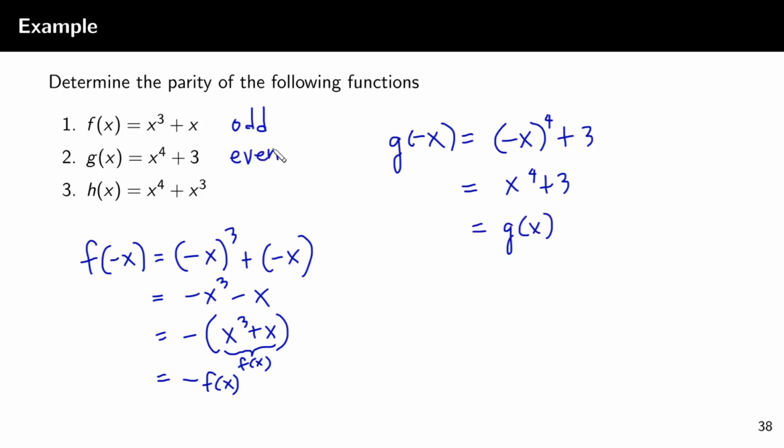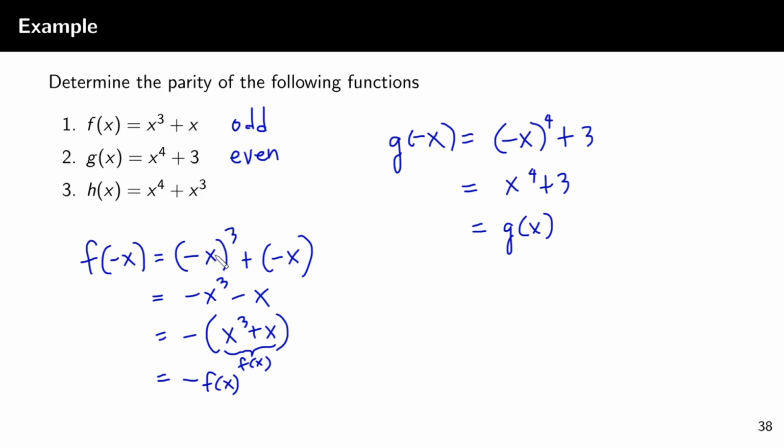Now, at this point, you can already make a conclusion, because we only have polynomial functions here in this example. Kailan odd or even ng isang polynomial function. So, itong first example natin, yung mga exponents ng x natin ay odd.